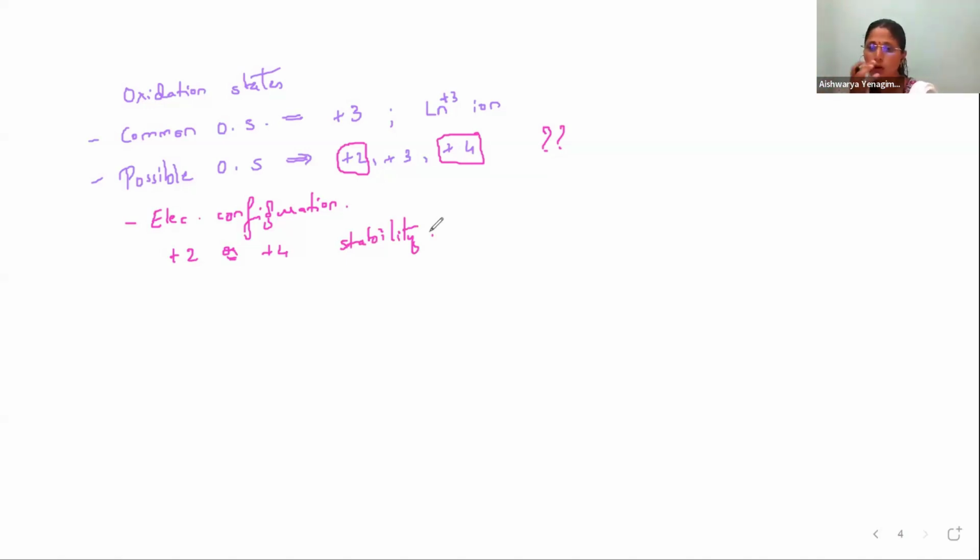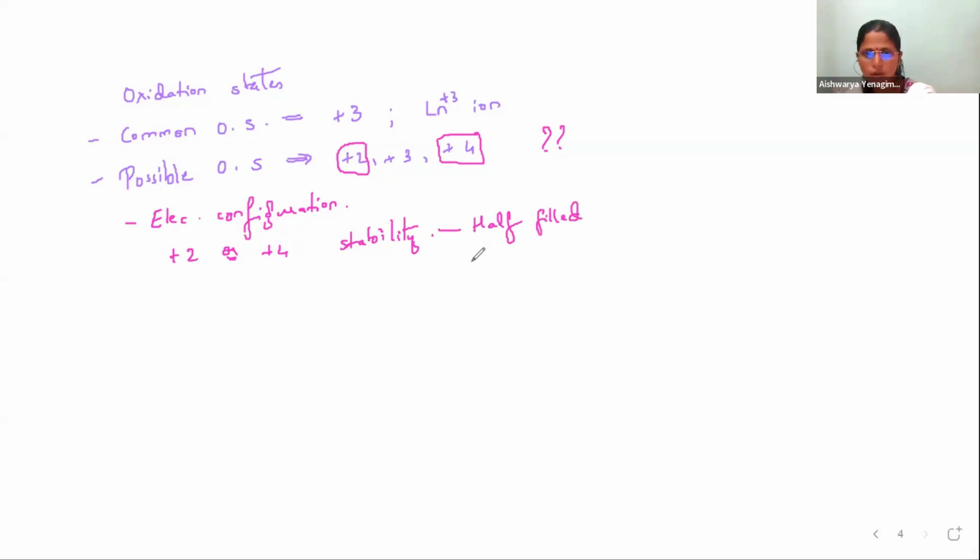They attain stability such that they have completely filled configurations like noble gases. Or, as we have studied in other contexts, they lose or gain electrons to attain stability. A stable configuration also arises when there is a half-filled configuration.